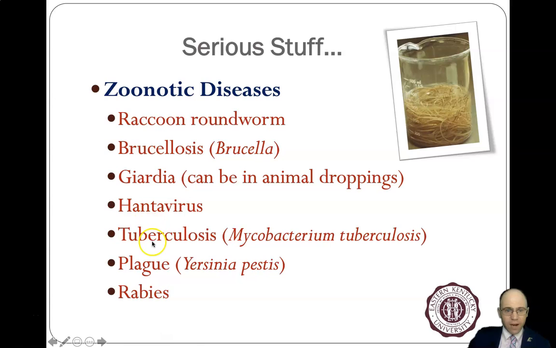I mentioned hantavirus. Tuberculosis can be spread by animals even. Plague, which is spread from the bites. Often, they got flea bites, and the bites have happened on you, but the flea that bit you may have bit some other animal before it bit you.